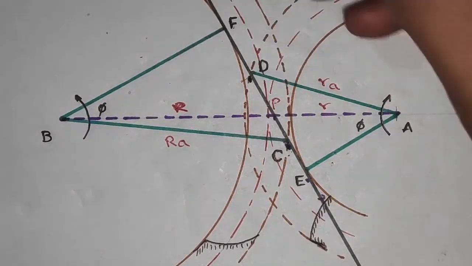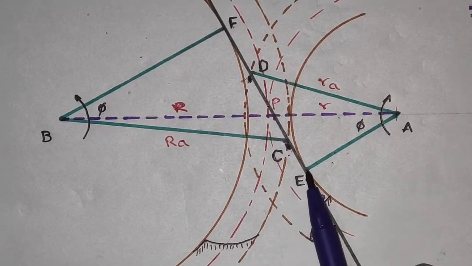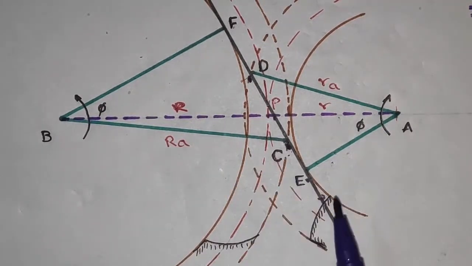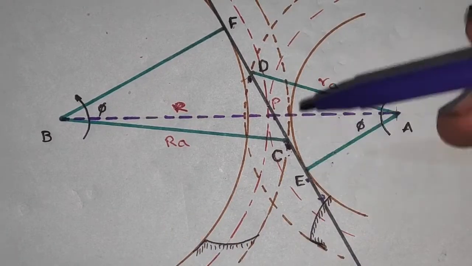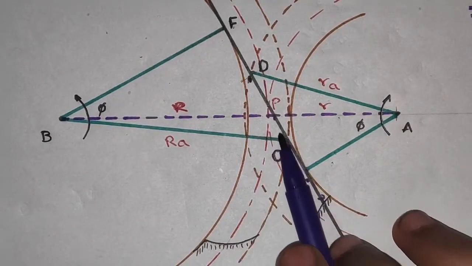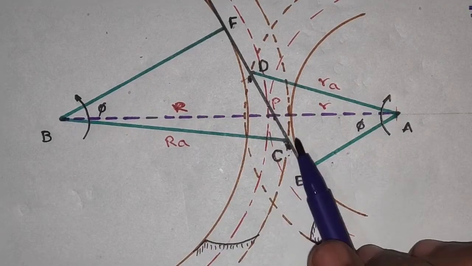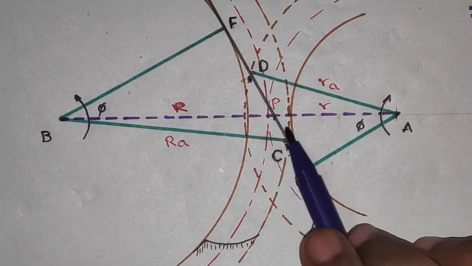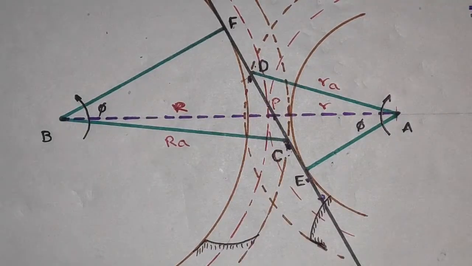Here we have the line of action. The line of action is the line joining the common tangents of the base circles of the pinion and gear. On this line of action, from point C to point D, we have the locus of the point of contact. At point C the engagement of the teeth occurs, and at point D the disengagement of the teeth occurs.